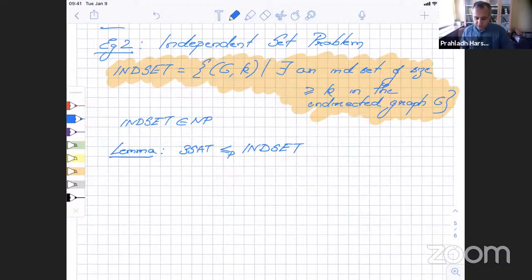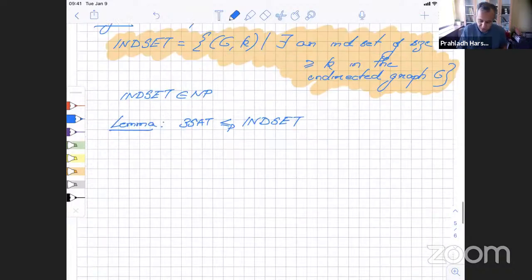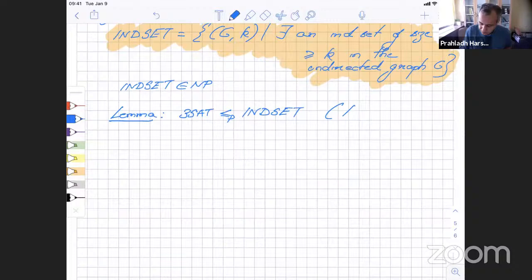This is actually a very clever reduction. It's a reduction due to Karp, and we will come back to this reduction again a couple of times later on. So what do we want to do in the reduction?